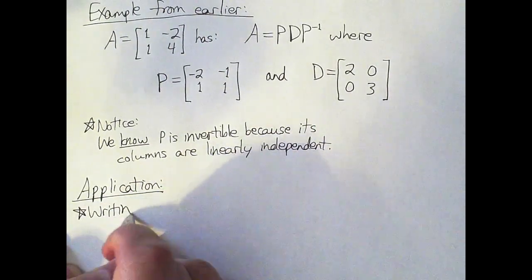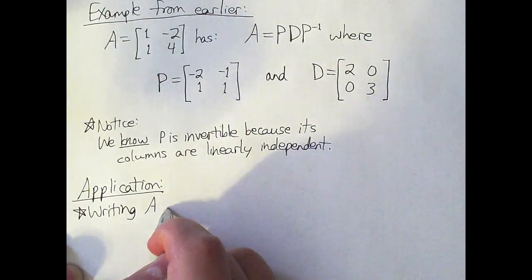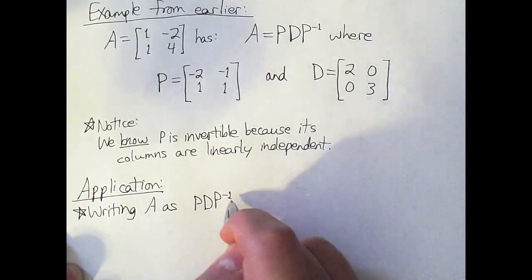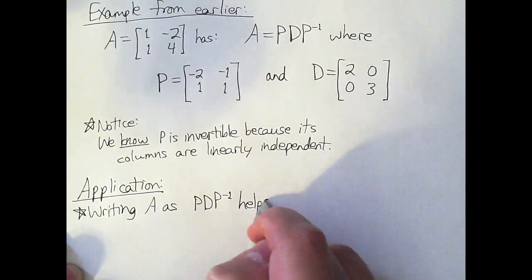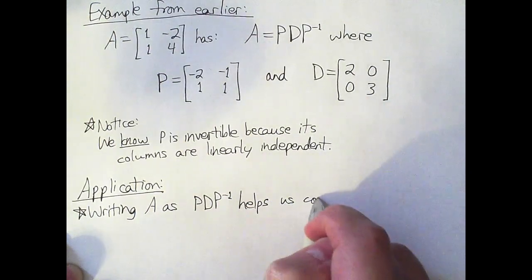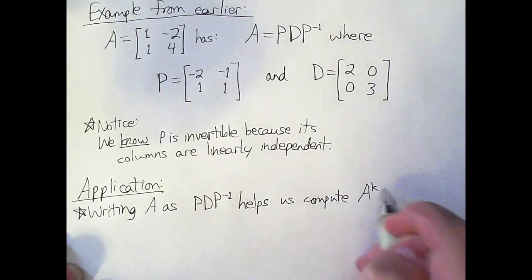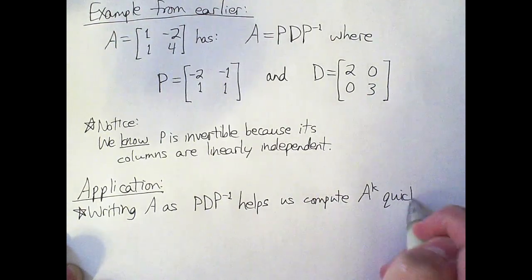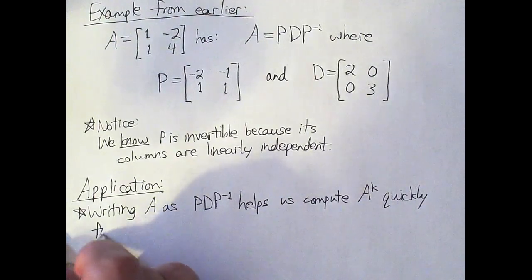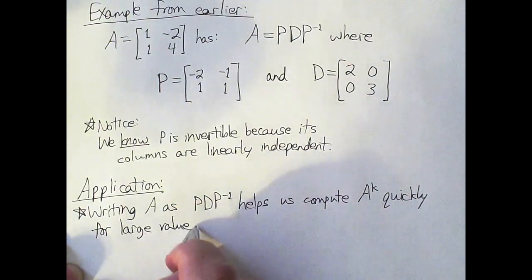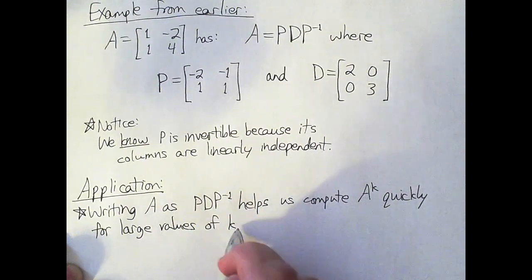Writing A as PDP inverse helps us compute A to the k quickly for large values of k.